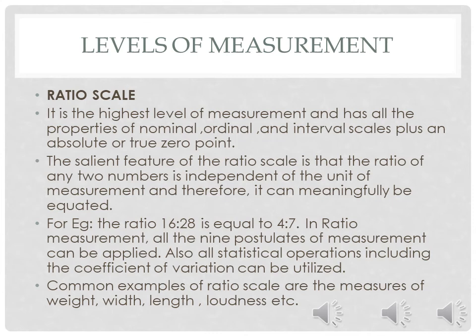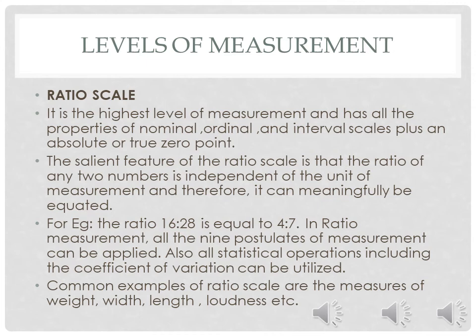The next level of measurement is the ratio scale. It is the highest level of measurement and has all the properties of nominal, ordinal and interval scales, plus an absolute or true 0 point. That is the peculiarity of the ratio scale.